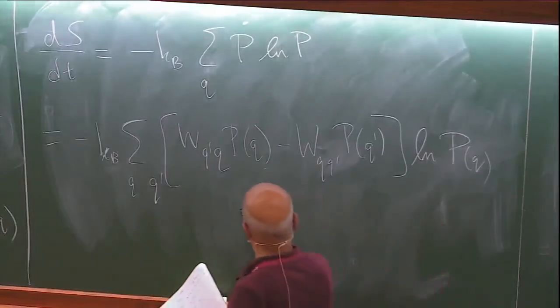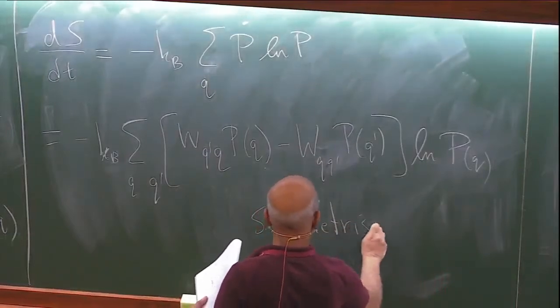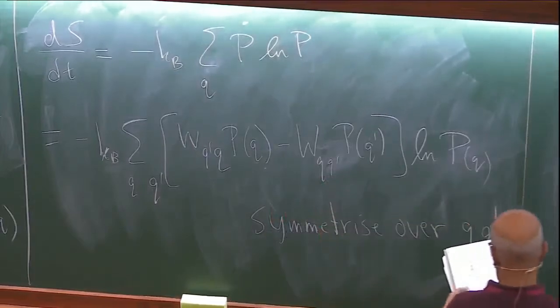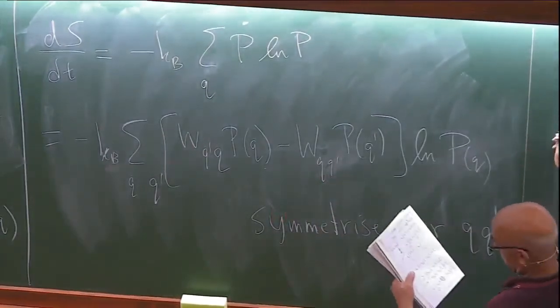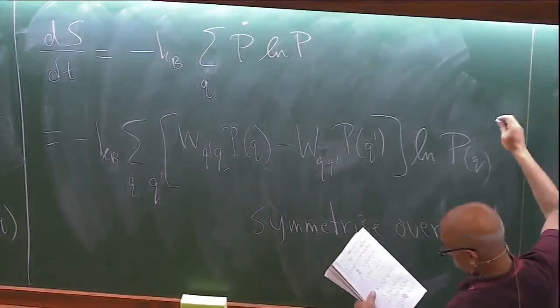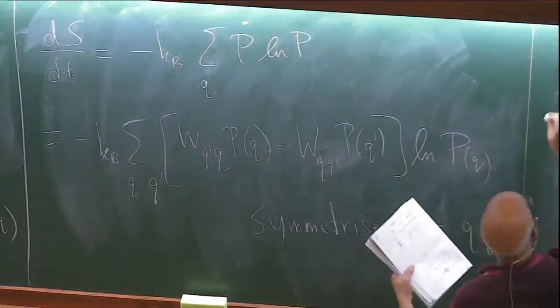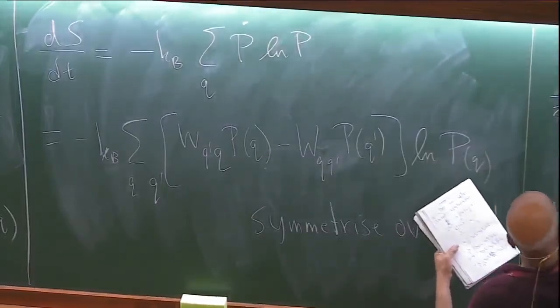Okay? If I symmetrize, then I can write this as, let me absorb the minus sign and move these around. I'll write it as k_B over 2, sum over Q and Q prime.